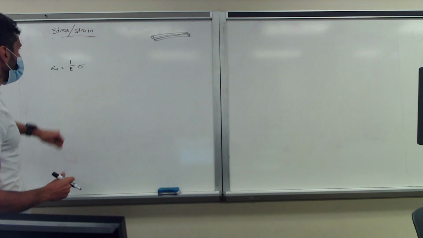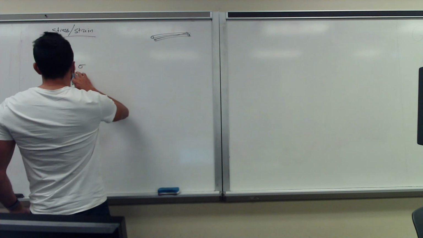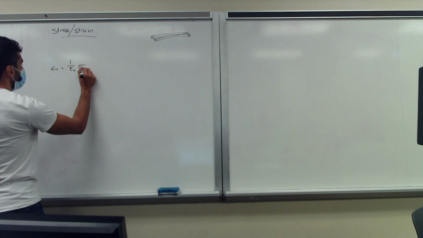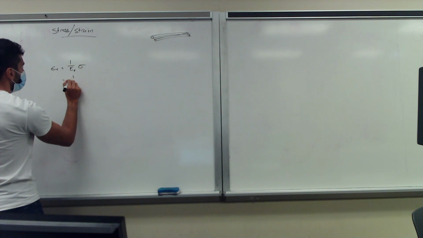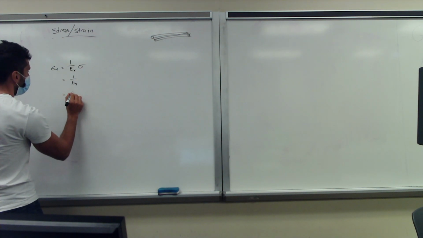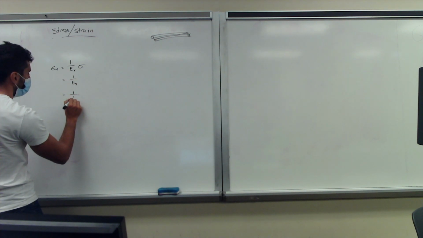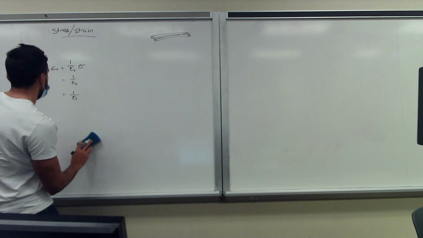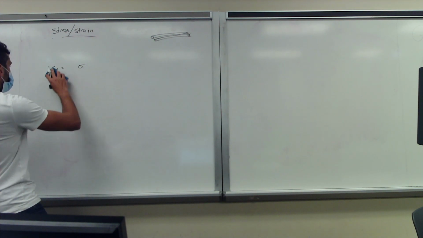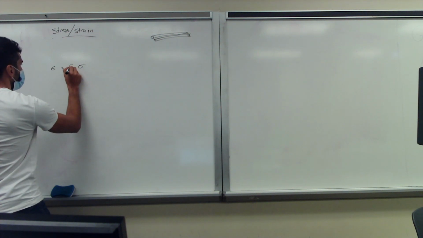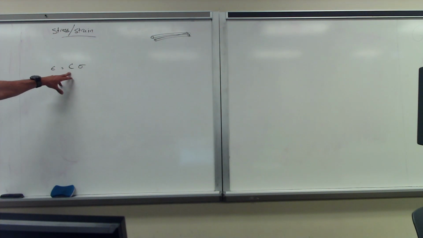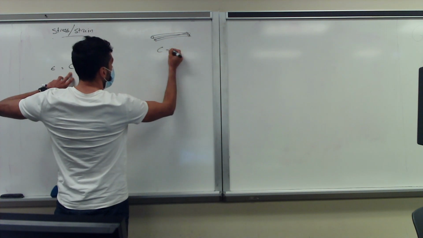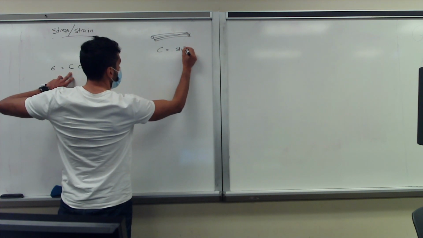So for composites, there's not one constant. You have a constant in x, a constant in y, a constant in z, etc. And this is better known as our stiffness matrix. That's given with the letter C. So confusing, but again, convention. C is our stiffness matrix.